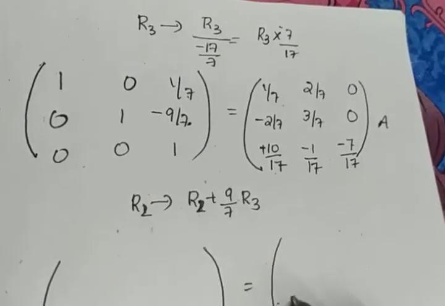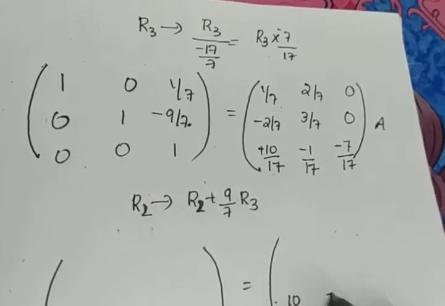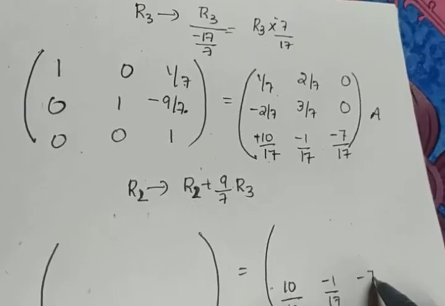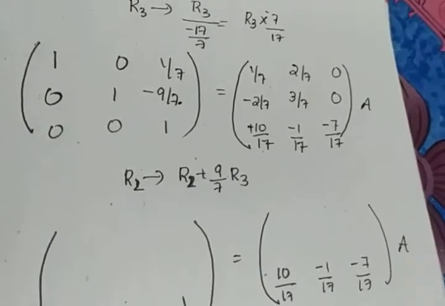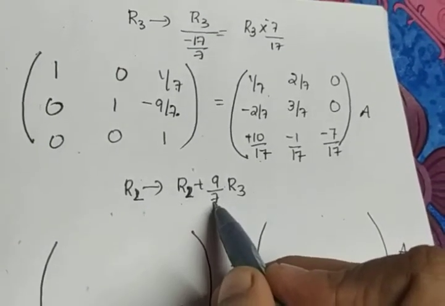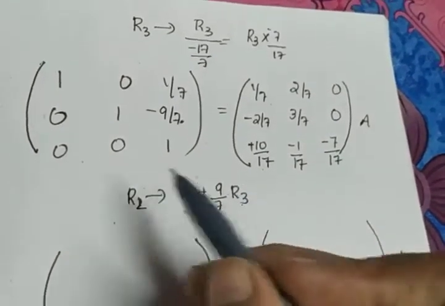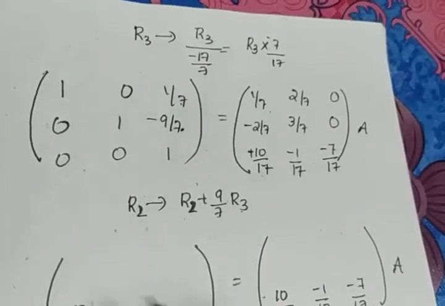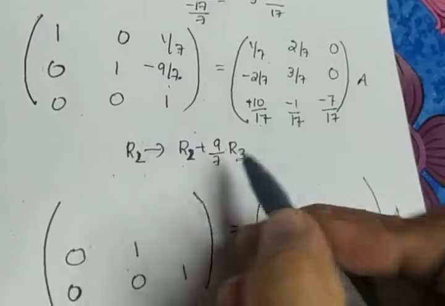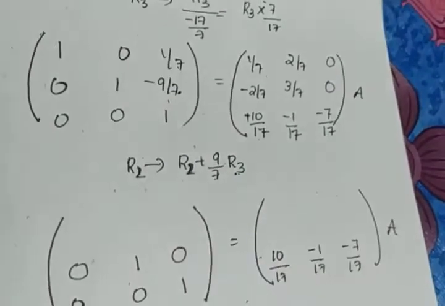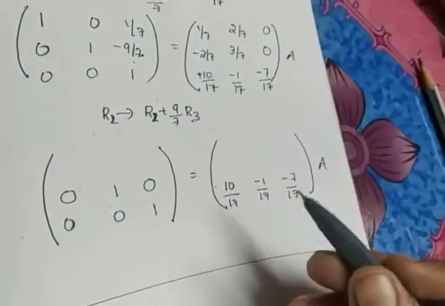And on the right side also it is 10 by 17, minus 1 by 17, minus 7 by 17 into A. What does it change for R2? R2 changes to R2 plus 9 by 7 into R3, isn't it? So here it is 0, 1. This becomes 0. Why? Because we got the transformation like that. So 0. And on the right side, do the calculation.